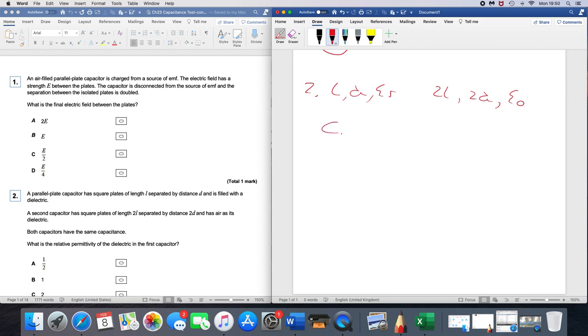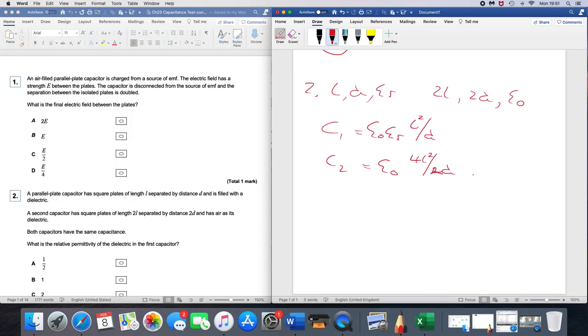So we have capacitance 1 is epsilon naught epsilon R L squared, which is A over D. Capacitance 2 is epsilon naught 4L squared over 2D.